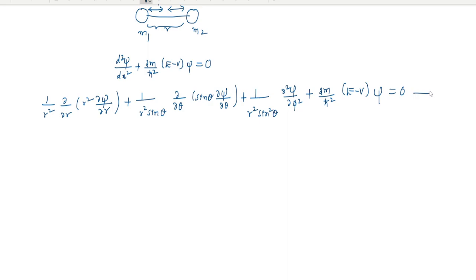This is equation number 1. So this is the three-dimensional spherical coordinate form of the Schrodinger wave equation.